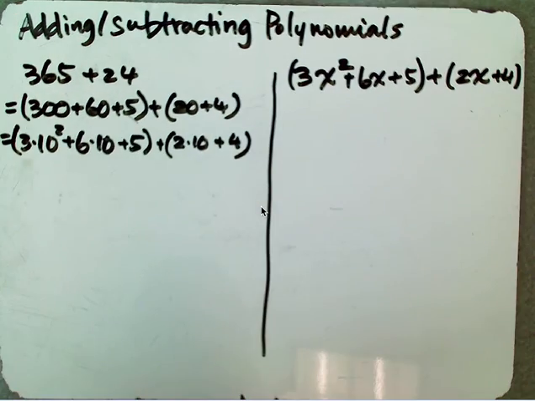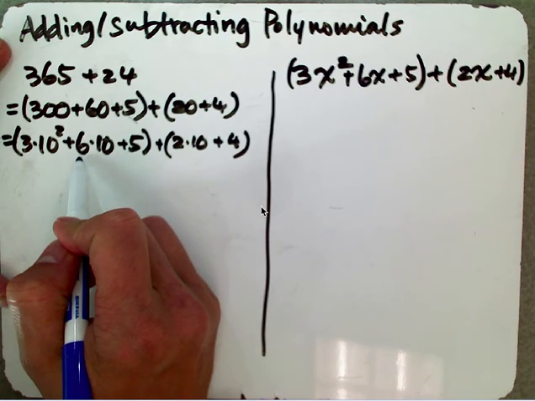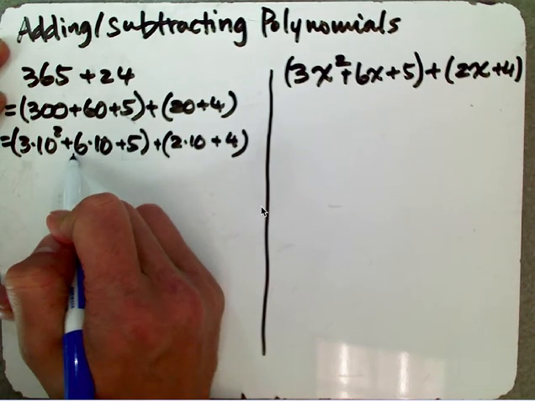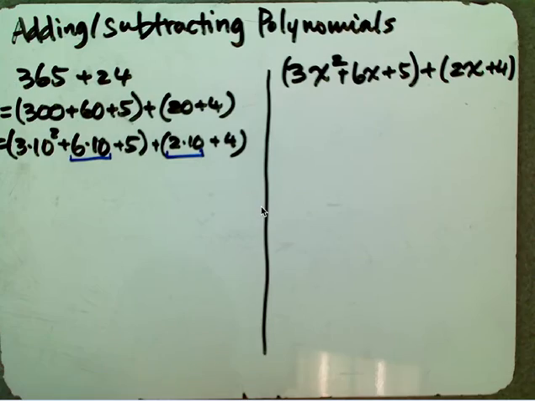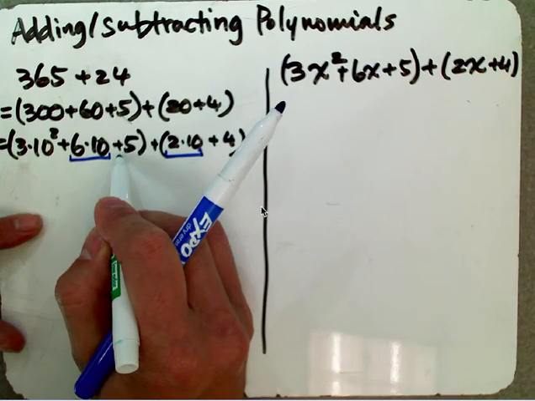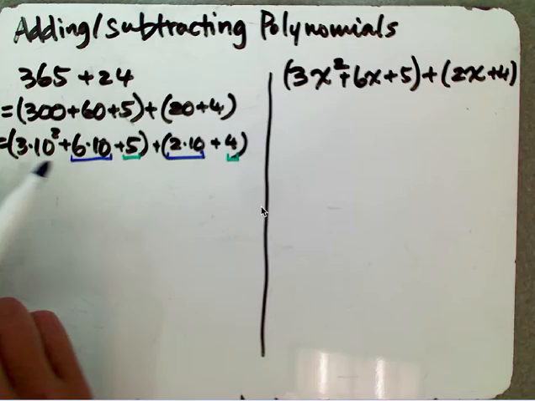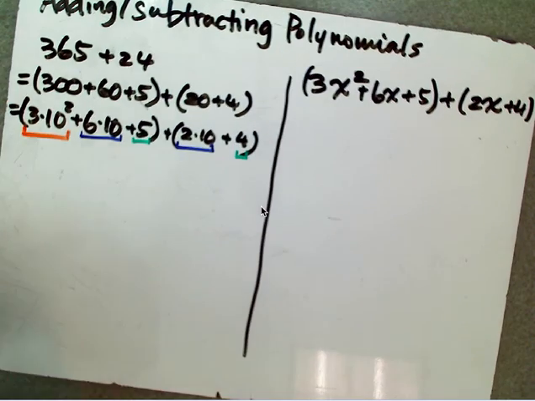Now, what we do from here is just add. This is 300s, and this we can read as 6 tens, right? So we're going to add 6 tens and 2 tens, and we're going to add 5 ones and 4 ones, and then we're going to have this 300s.